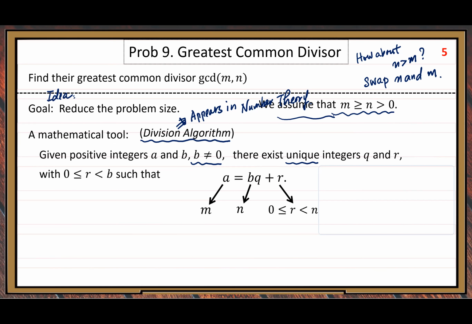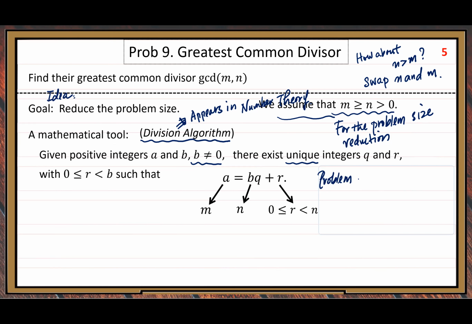So we will have this assumption. The reason we want the first integer greater than the second one is for problem size reduction. So what is the problem size here? You may ask that. What is the problem size for this question?